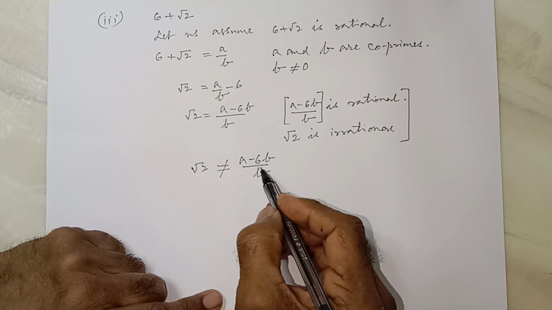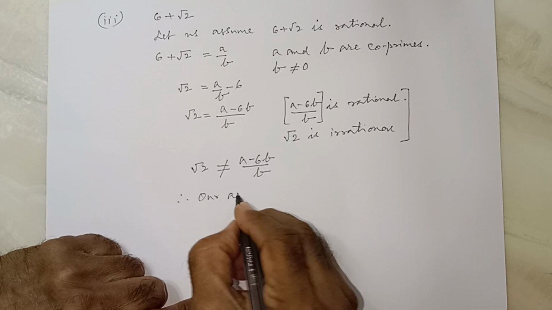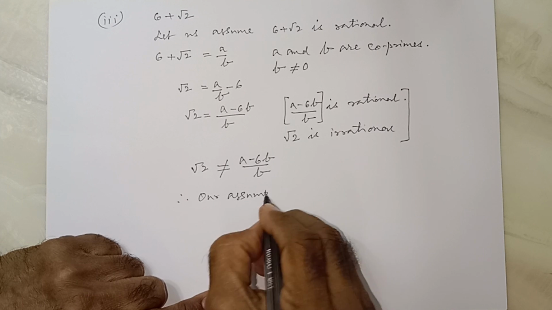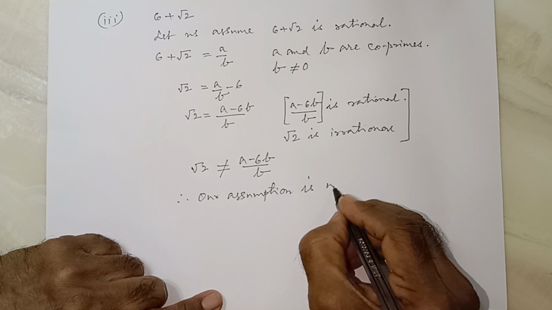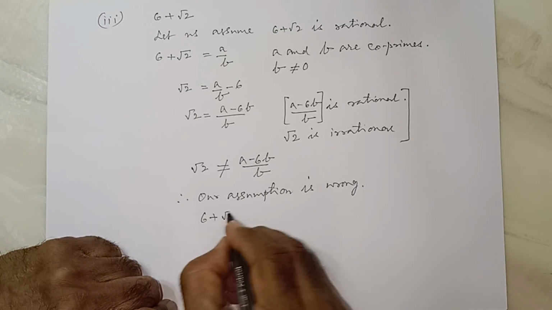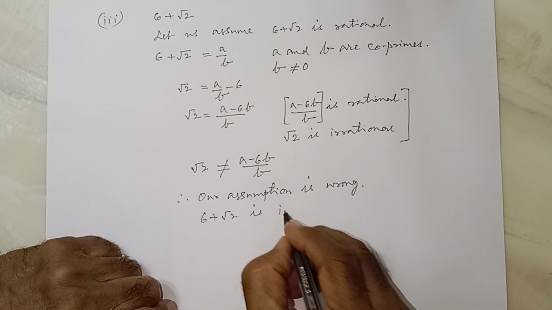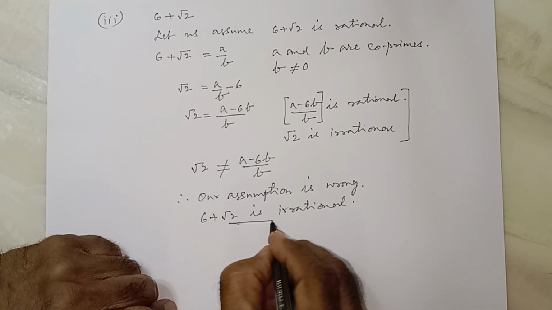Irrational cannot be equal to rational. Therefore, our assumption is wrong. Therefore, 6 plus root 2 is irrational. This is our answer.